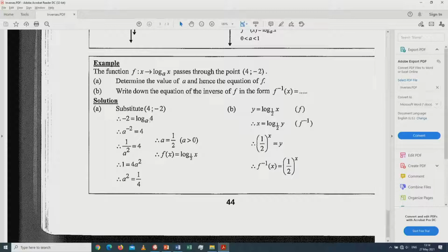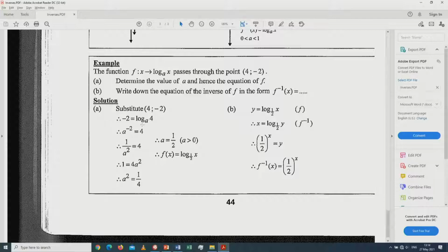From there you change from log form to exponential form. Teachers, I said, and I'm going to say it again, every learner in class must know how to convert exponential to log and log to exponential. Give them as many activities as it takes so that they master the skill.